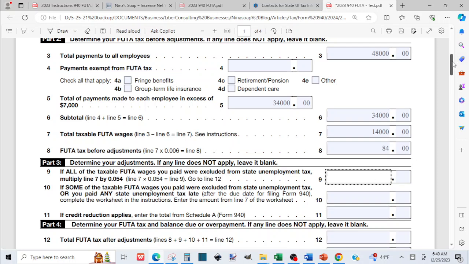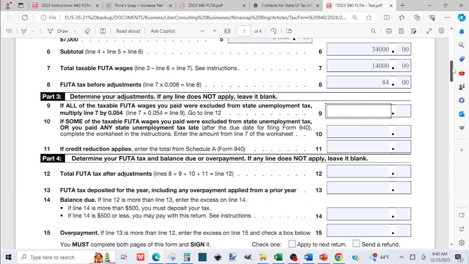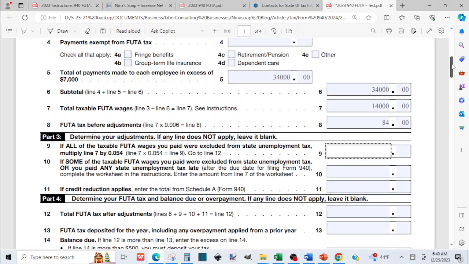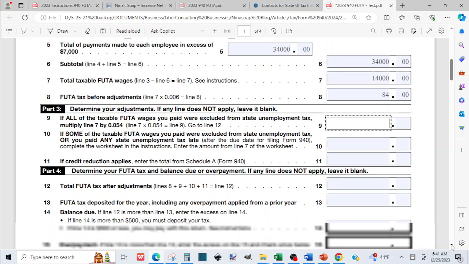So I pay to the state, but I pay to IRS. So you might want to check first with your state to make sure you are going to pay unemployment tax on the FUTA wages, to know if you are qualified for the maximum credit. Okay, so now let's continue.